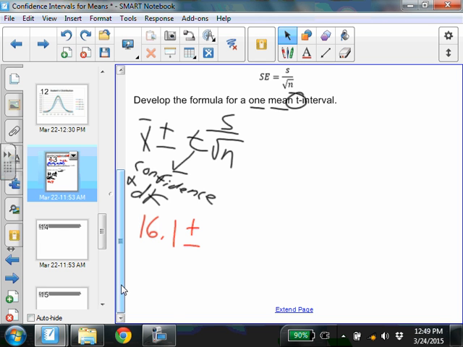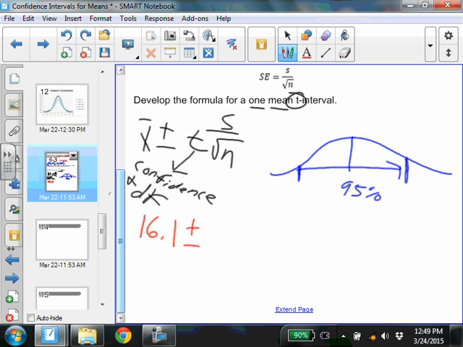If we want to be 95% confident, okay, so here I'm going to call this a t distribution. I'm going to draw it flatter. Yeah, I can use an inverse t. But remember, if we want to be 95% confident, then what percentage of the data lies out here? 2.5%. And then 2.5% lies out here.